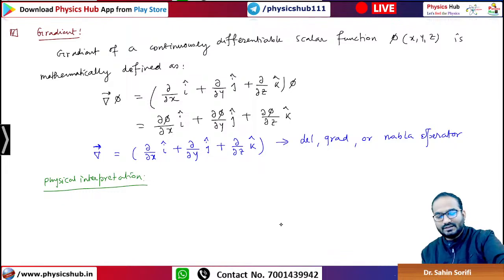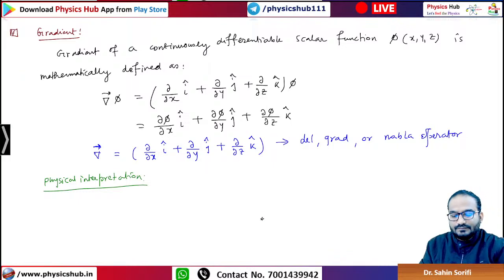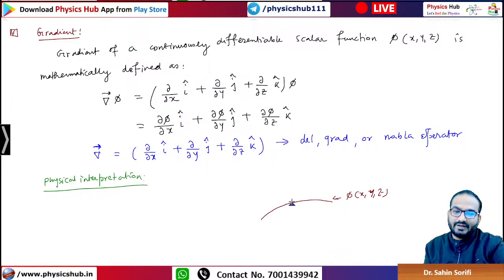If you consider a scalar surface like this, phi of x, y, z, then grad phi represents a vector perpendicular to the surface at a particular point.